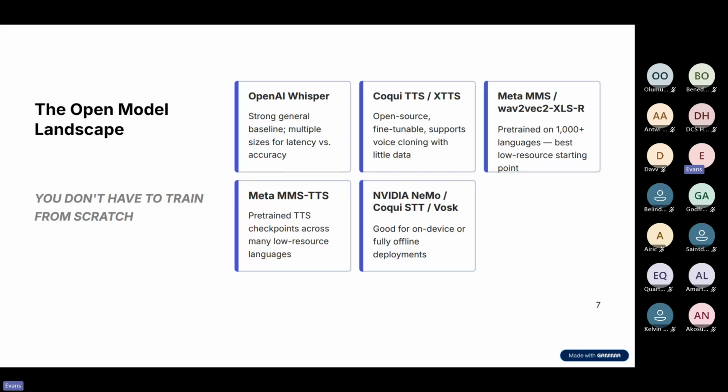So these are some examples of the open source models that I've specifically selected that you can consider whilst building your solution. You don't want to have the hurdle of going through models and deciding on which one actually works for your use case.